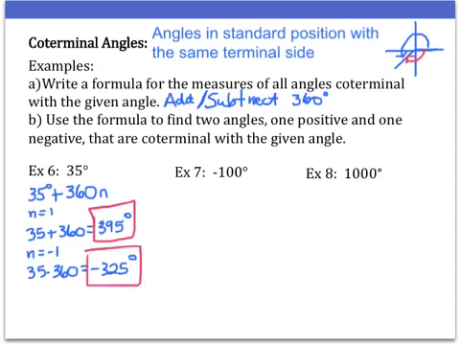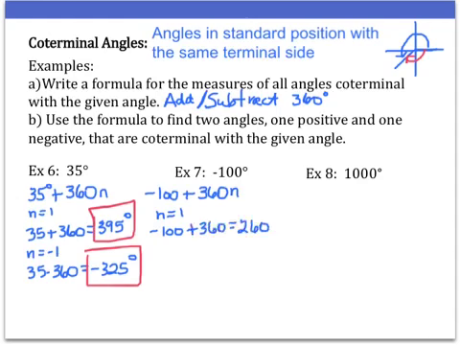Now we're going to do the same thing with a negative degree measure. Format's the same. You take your initial degree and add 360 in every time. And let's spin it around counterclockwise once and see if we'll wind up with a positive angle. And so that gives me 260.